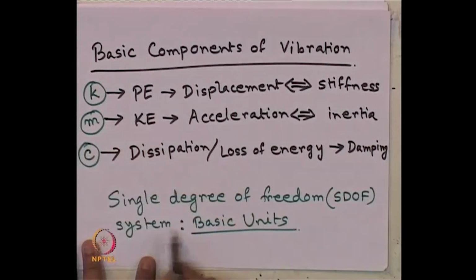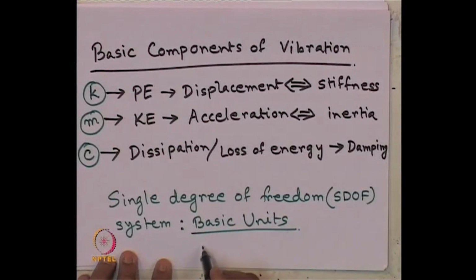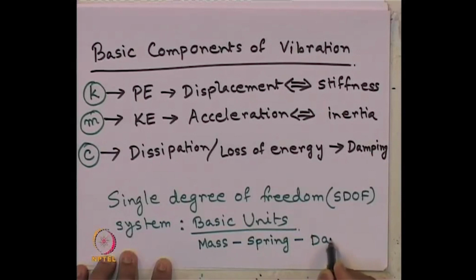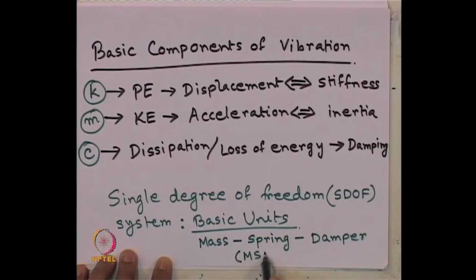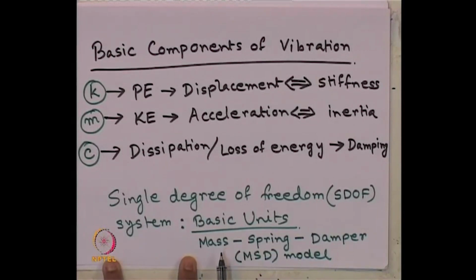So, the basic units of a single degree of freedom system are mass, spring and damper, which in short is called the MSD model. So, it is clear why in a simple vibrating system we need these three essential components, because these three define all the basic components of vibration.